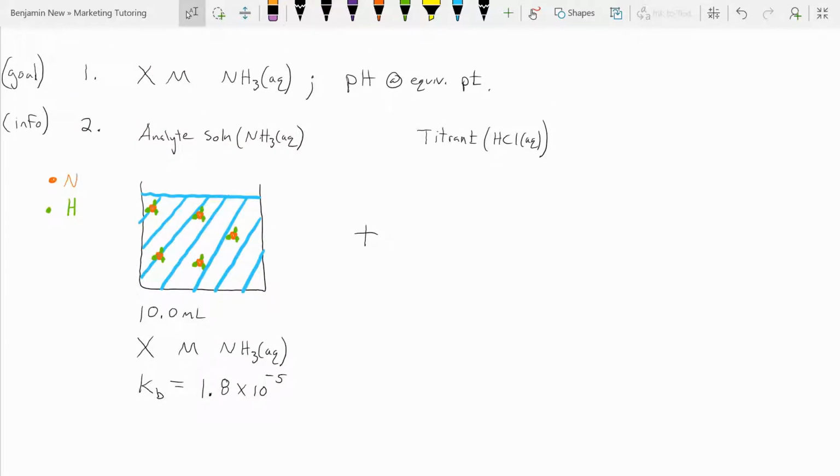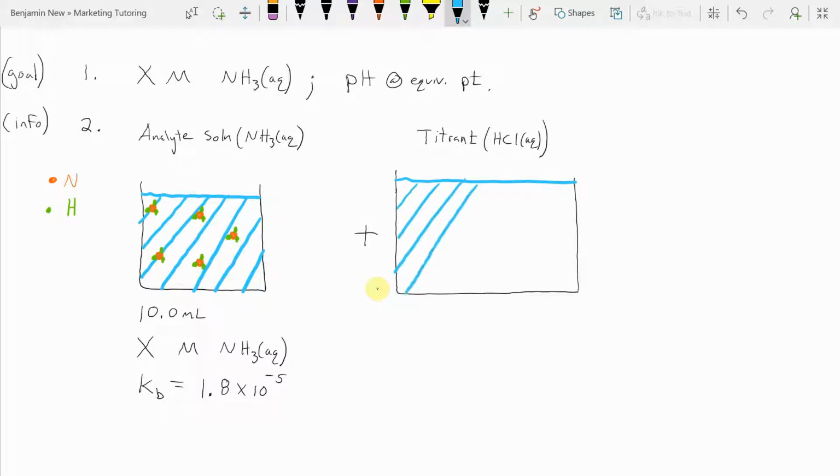Now let's go back up and continue where we were going. The titrant is the HCl, and I'm going to make this beaker a little bit bigger. And it will also have water. And similarly, we should choose some atom color coding for the molecules of HCl.